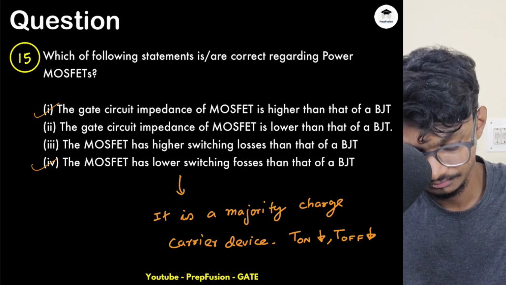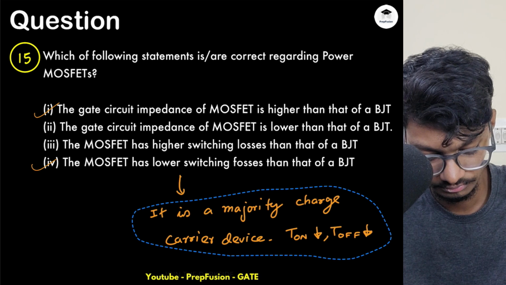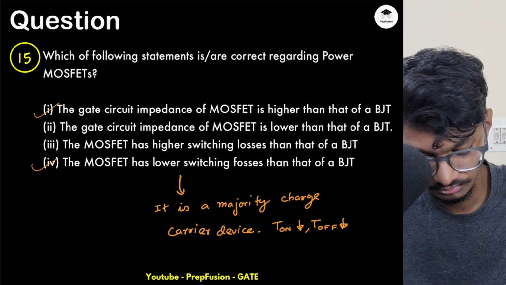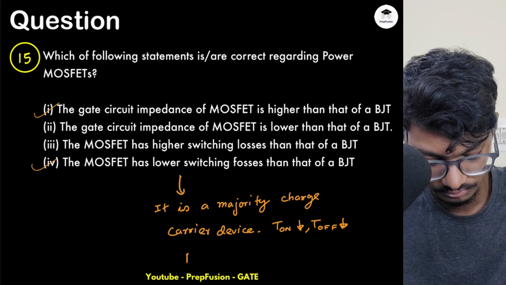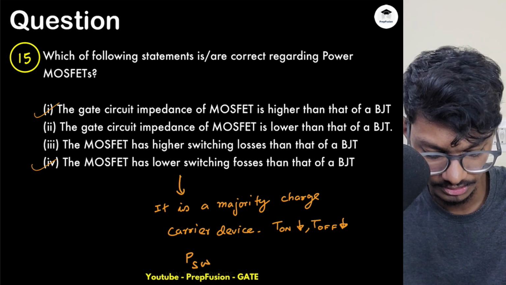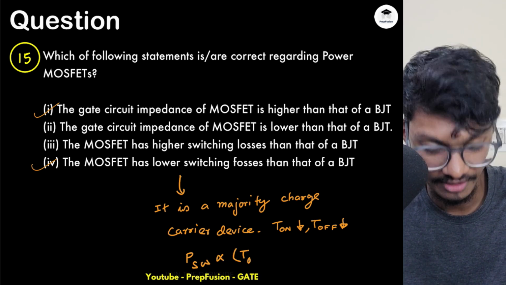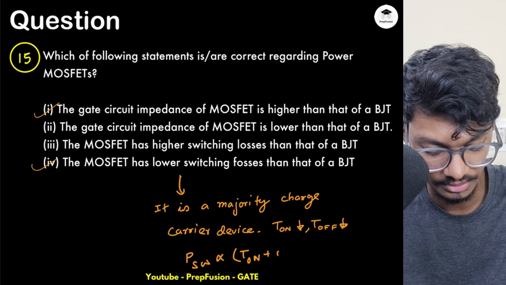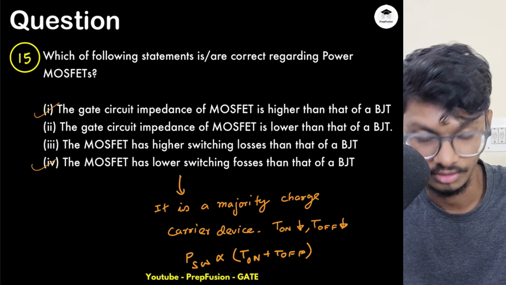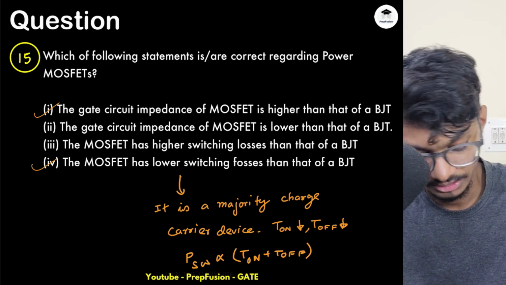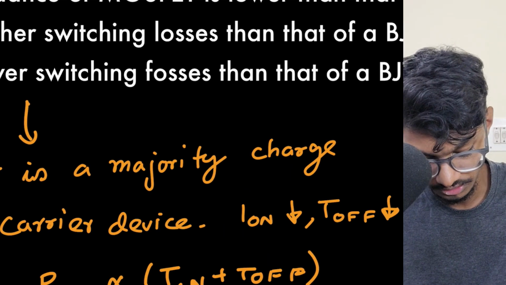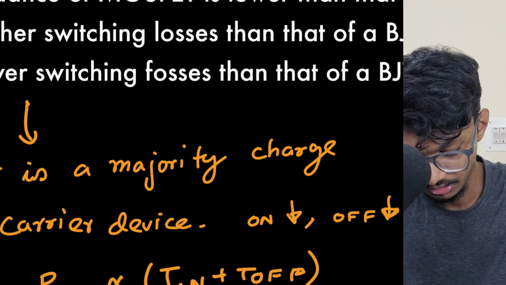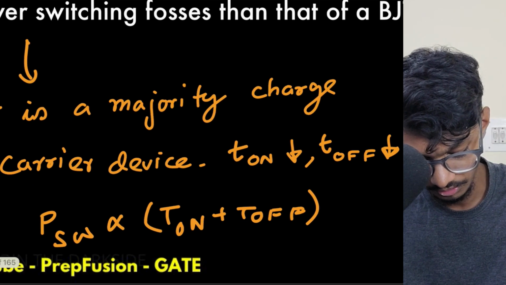Hence the power switching loss, as we have derived it, is proportional to t on plus t off. If you remember correctly, this is the small t on and small t off, not the capital T on and capital T off, else you will get confused with the notation. Small t on and t off.